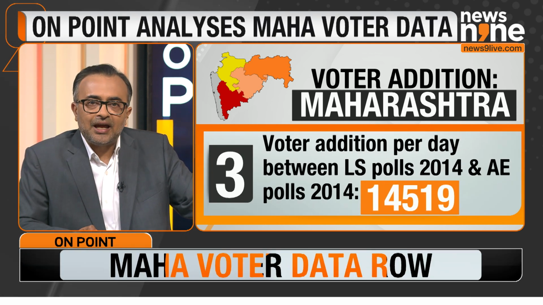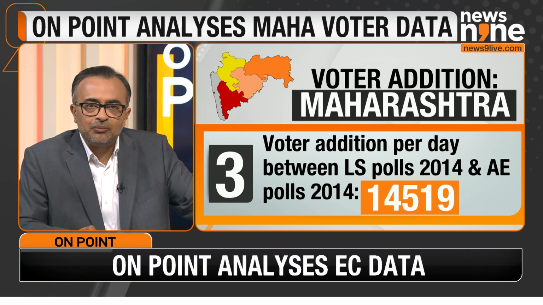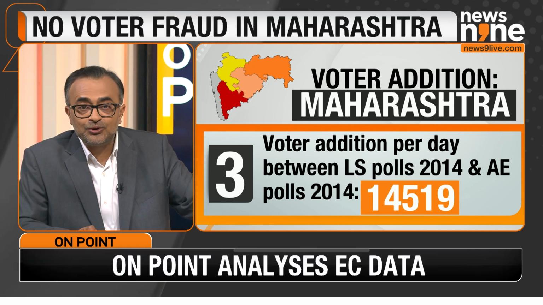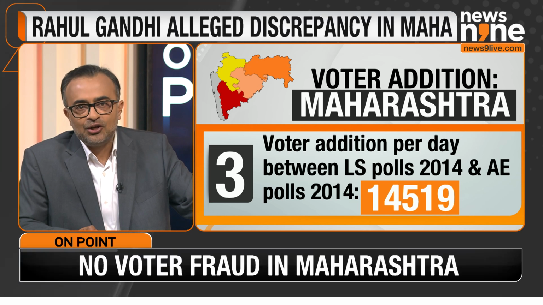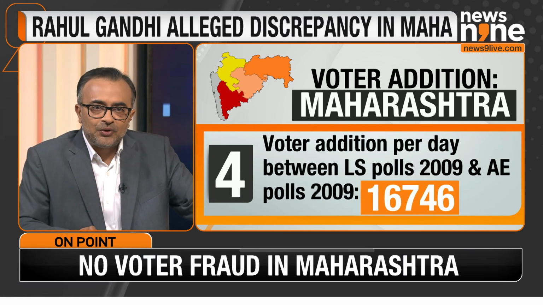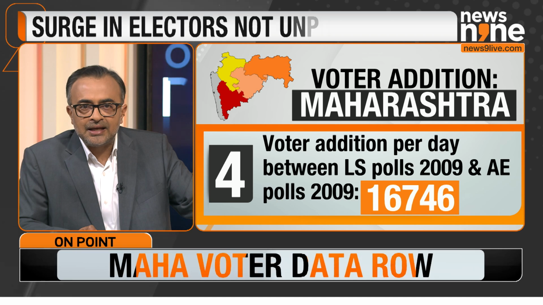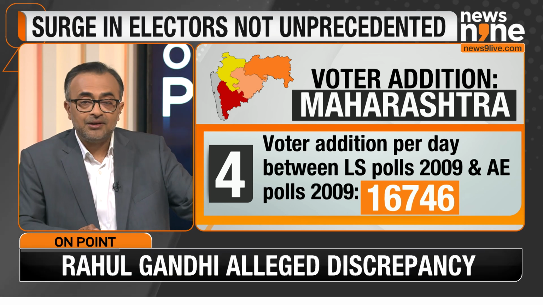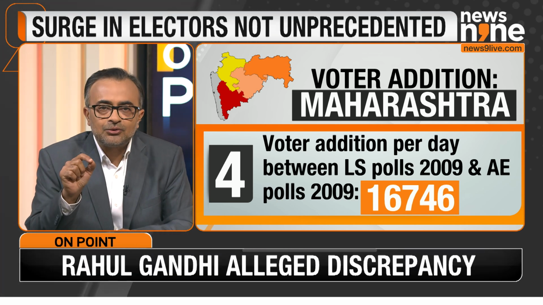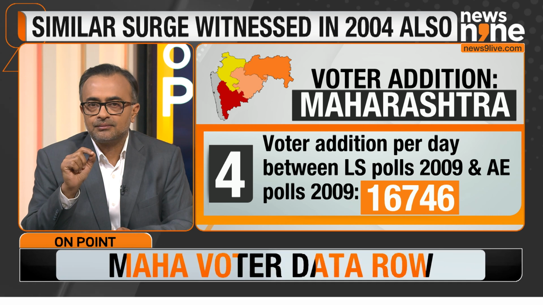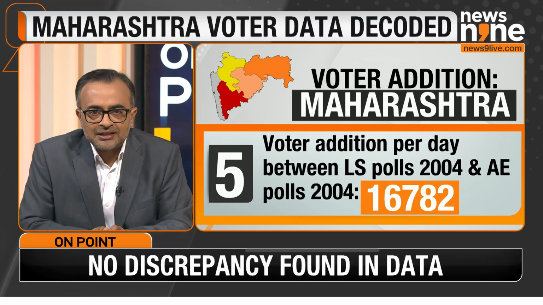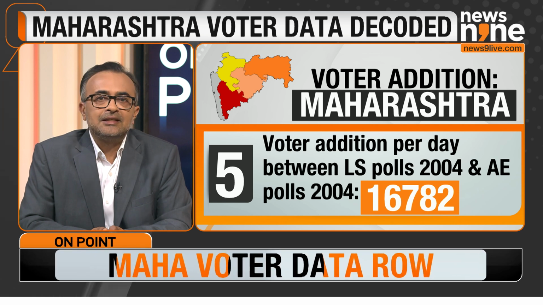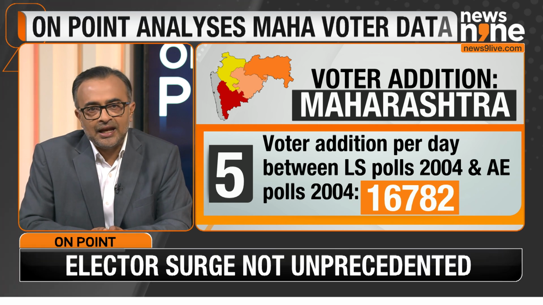Voter addition per day between Lok Sabha polls 2014 and Assembly polls 2014 is 14,519. Voter addition per day between Lok Sabha polls 2009 and Assembly polls 2009 is 16,746. Voter addition per day between Lok Sabha polls 2004 and Assembly polls 2004 is 16,782.